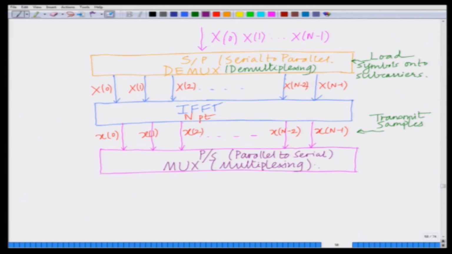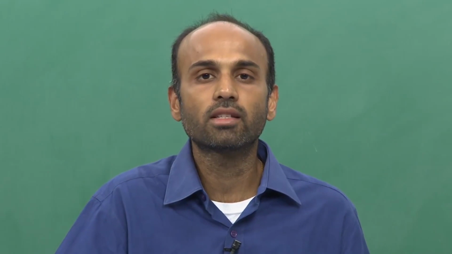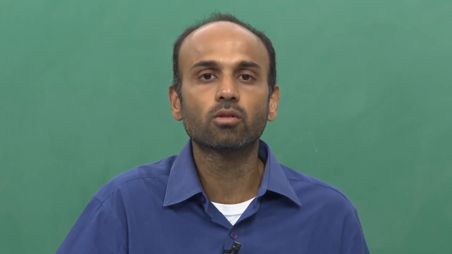So, after the IFFT you have the transmit samples, small x0, small x1 up to small x N minus 1. You pass these to a parallel to serial converter, which is also known as a multiplexing operation or a MUX, to generate the serial stream small x0, small x1 up to small x N minus 1.